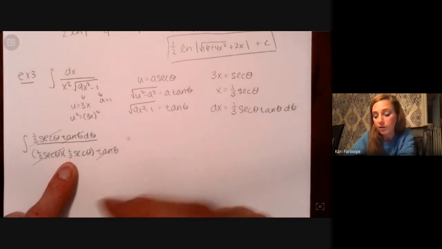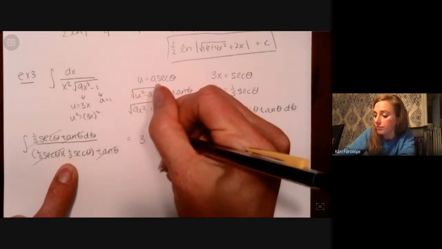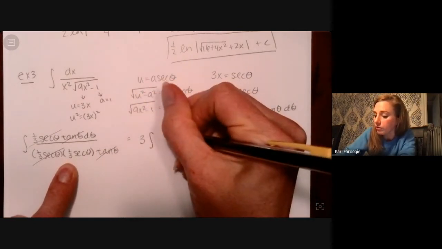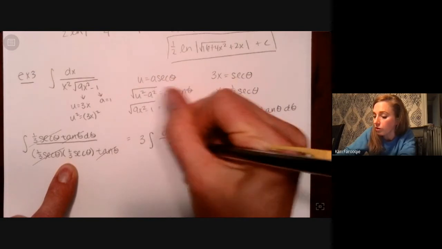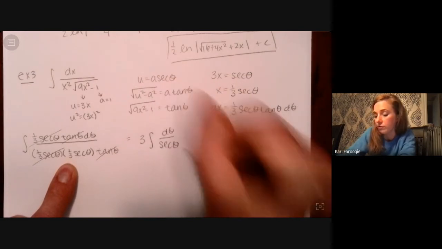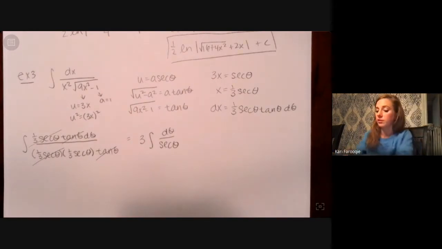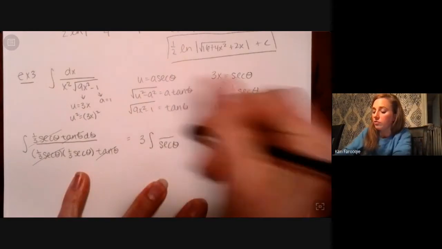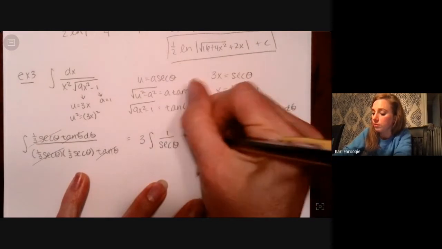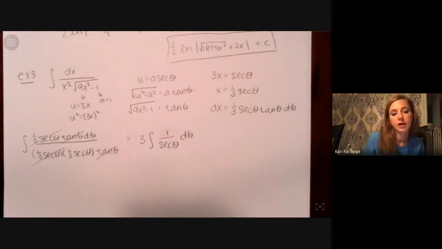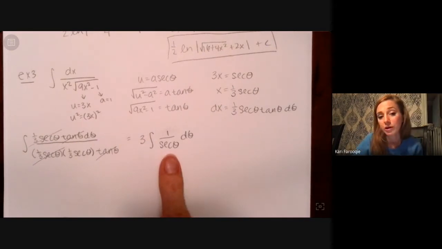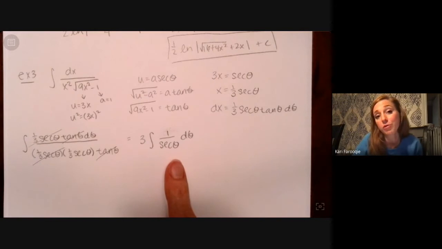Remember, when you're dividing by 1/3, you're multiplying by 3. And then you'll have d theta over the secant of theta, or 1 over secant theta d theta. If you find that easier to see, you can write it like that, because sometimes just seeing d theta over secant theta, it's not registering, but a lot of us will recognize 1 over secant theta as cosine theta. So that's what you're going to need to do here.